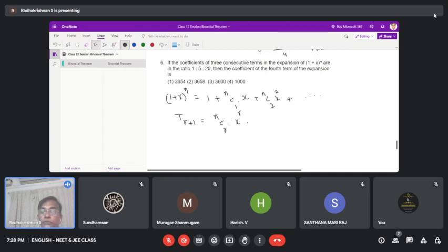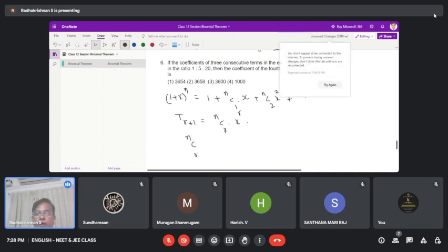So we can take the consecutive terms as nC(r-1) x^(r-1), nCr x^r, nC(r+1) x^(r+1).